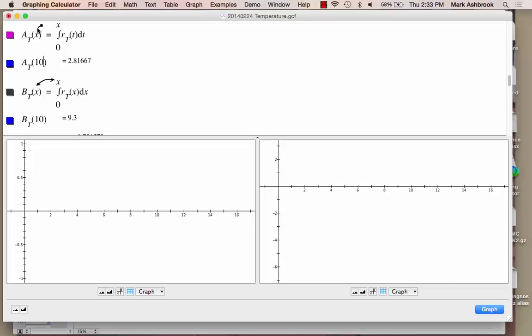So I should have done it up here. So those have to match. These have to match and be something different. Match and not be x.